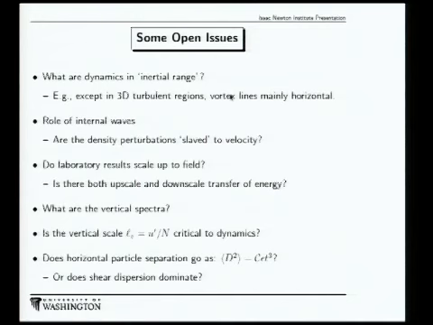So anyway, there's this question still: do the laboratory results scale up, or what can we learn from them? For instance, is there both upscale and downscale transfer in these motions? And what are the vertical spectra? Another, which I think is a key, is whether this vertical scale of U over N is critical to the dynamics.